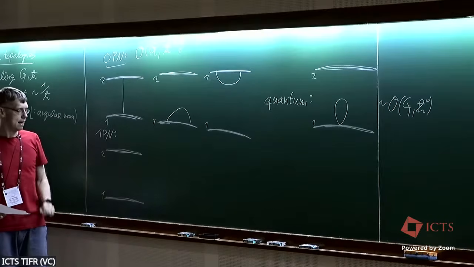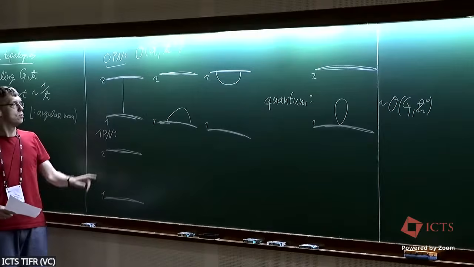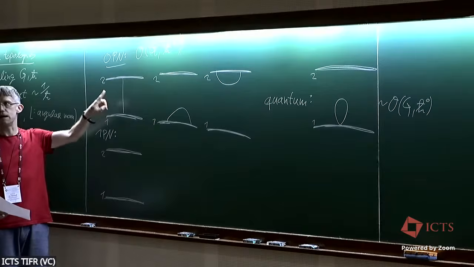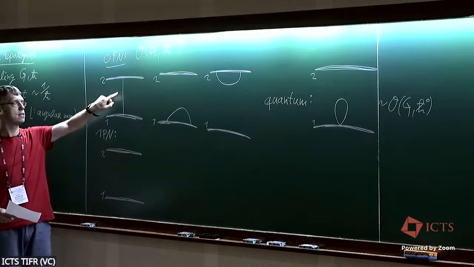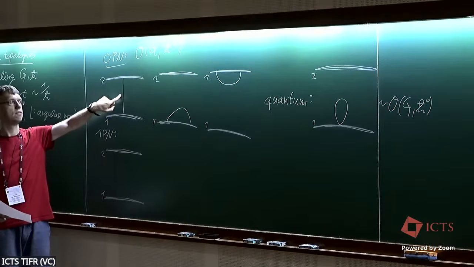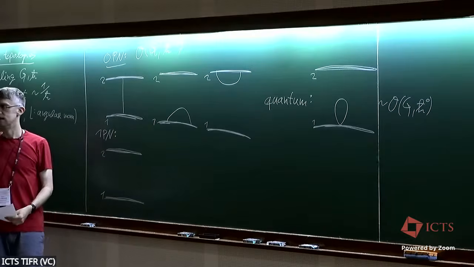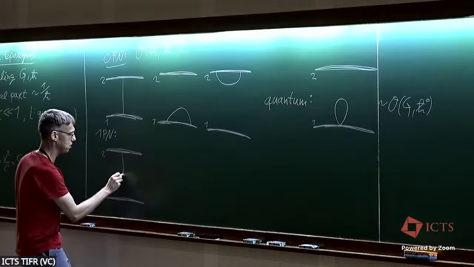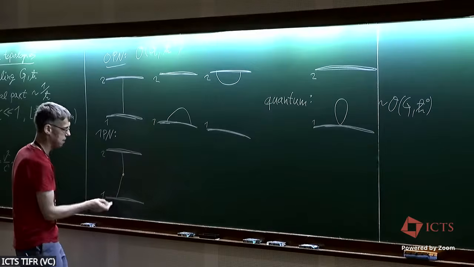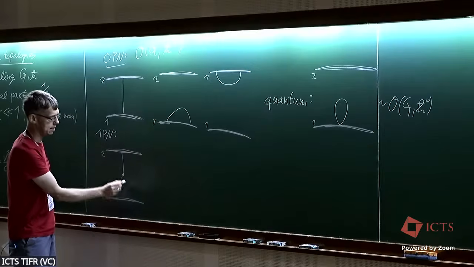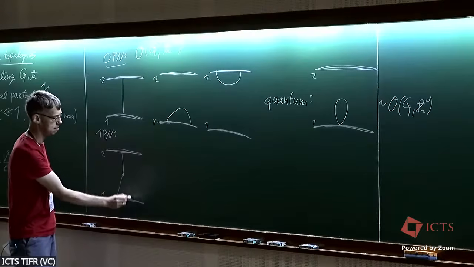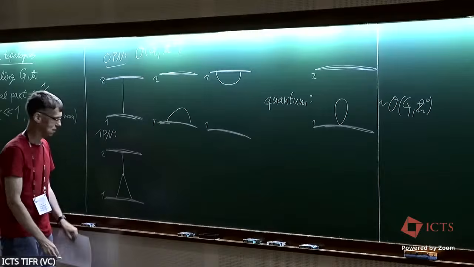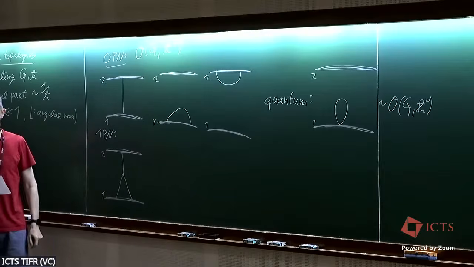What can we do? We could substitute one of the world line vertices by a higher point vertex, or we could try to insert a field vertex here. So let's try the first. Let's put a field vertex here. Now we could connect the other leg either here or up here, so let's do the first thing like this.